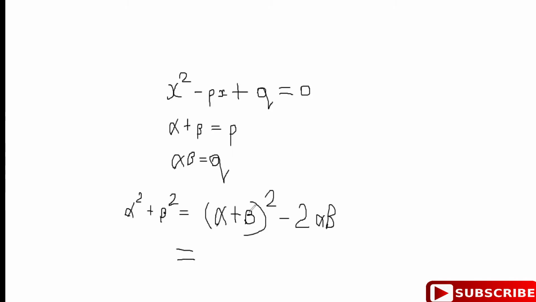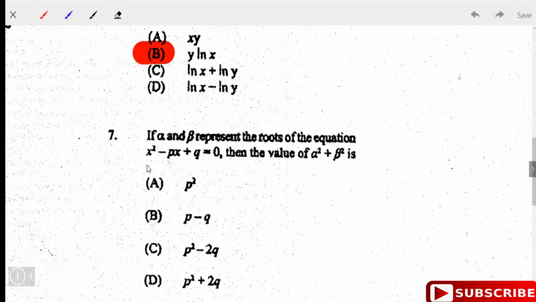Alpha plus beta is p, so it becomes p squared minus 2 times alpha beta. Alpha beta is q, so it's p squared minus 2q. And so that question's answer is p squared minus 2q, which is C.